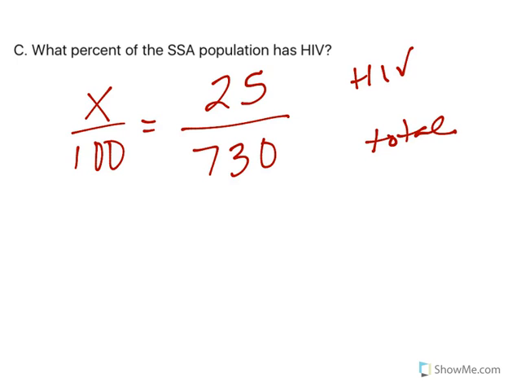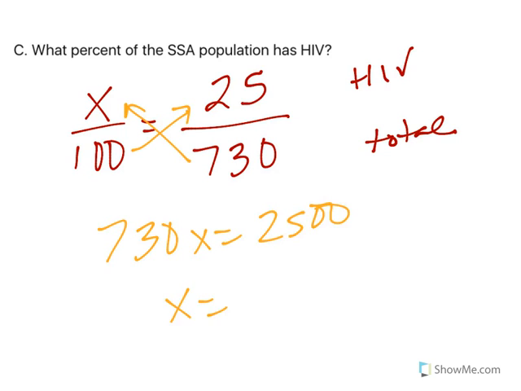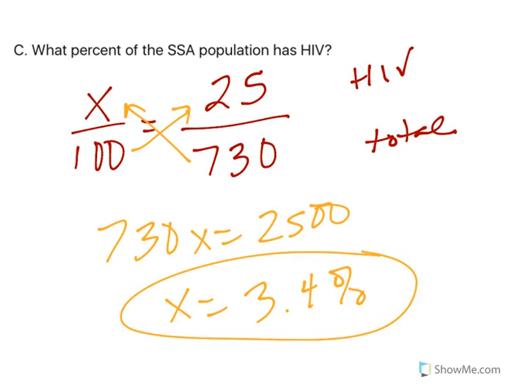And I got those values from previous problems. 25 million people in sub-Saharan Africa have HIV. There are 730 total. So when I cross multiply, I get 730x equals 2,500. And roughly 3.4% of the population of sub-Saharan Africa has HIV. Now, percent out of 100. That means if you put 100 people from sub-Saharan Africa in a room, 3 of them will have HIV. 3 out of every 100 people there are infected.